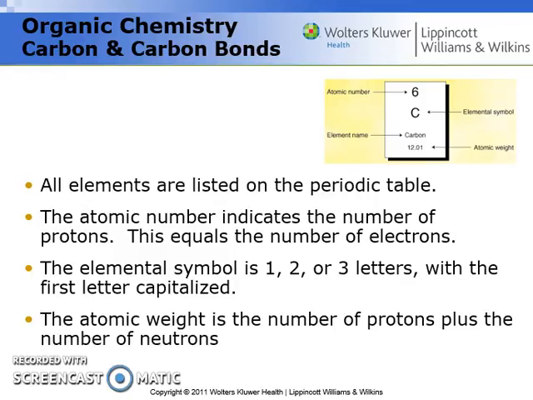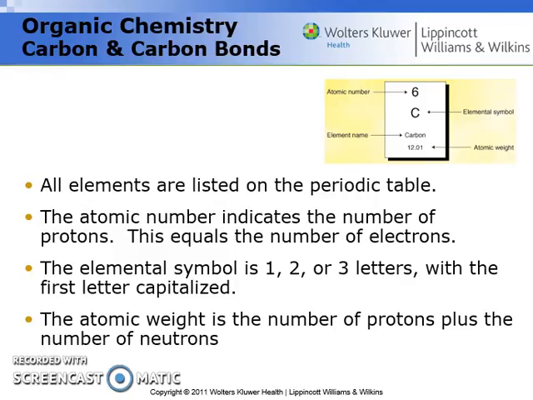So you can see in the figure that the way you're able to identify carbon is through its elemental symbol, which is expressed as a C. And then the periodic table will also give you the atomic number for that carbon atom, and for carbon, we have the atomic number 6.